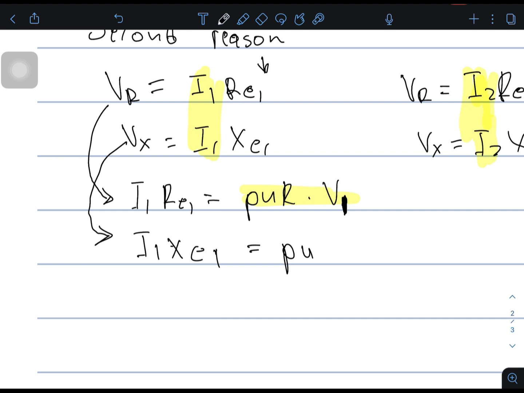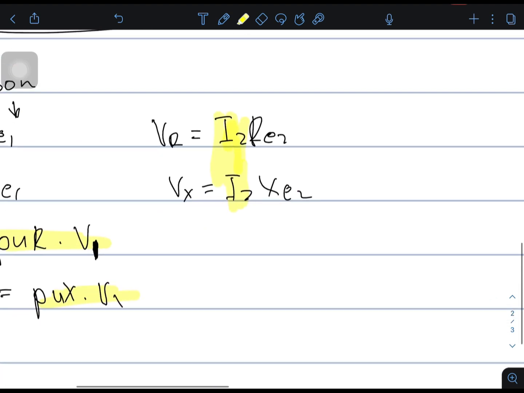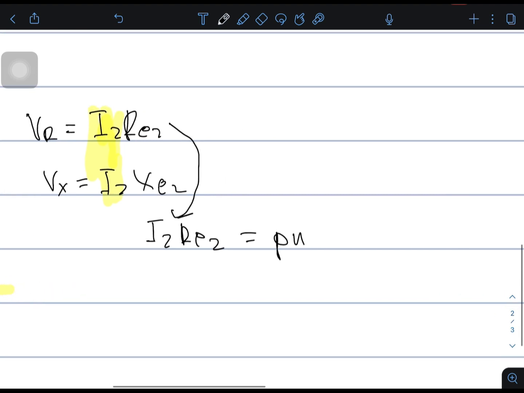V1 is the supply voltage, per unit reactance times V1. I only just need to know what my supply voltage is. Same thing when we are referring to the secondary side. I'm going to say I2 RE2, which equals the per unit value of the resistance times V2.